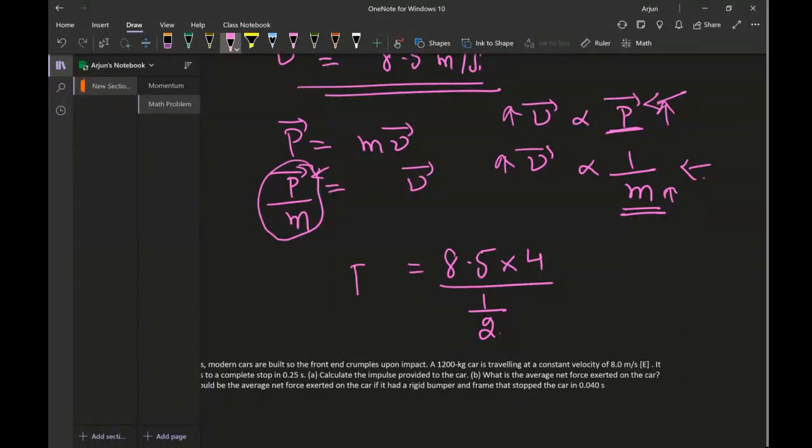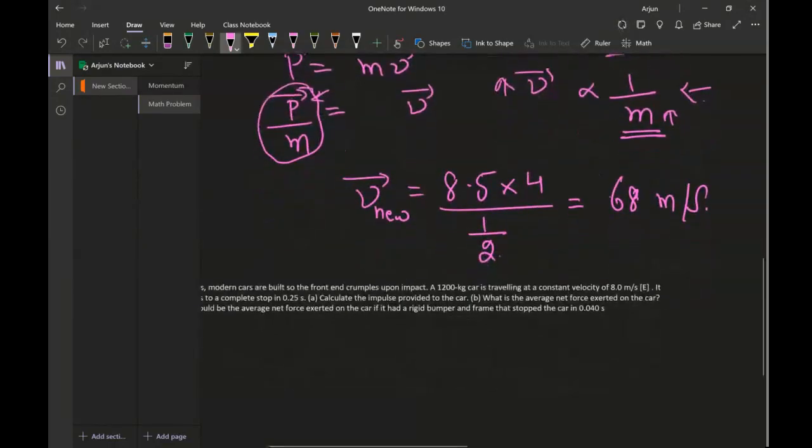If I do this calculation, you will find the new velocity v new is 68 meters per second. An easy way to do this calculation is to convert 1/2 into 0.5, and if you are struggling with the calculations, it will become super easy by doing so.